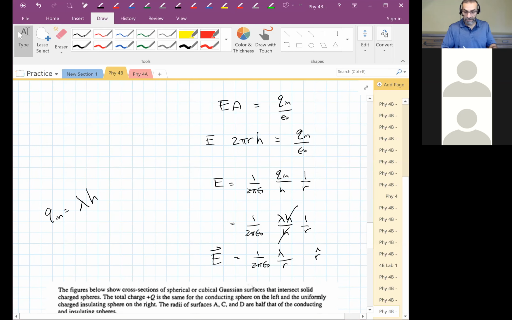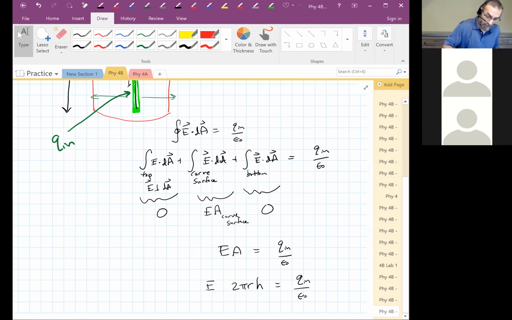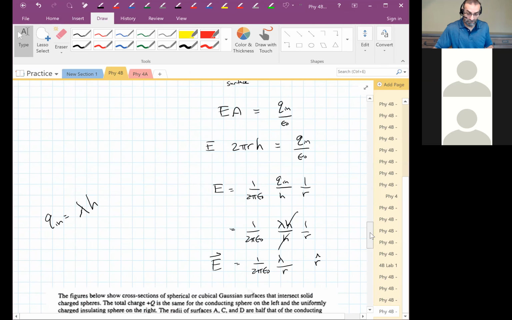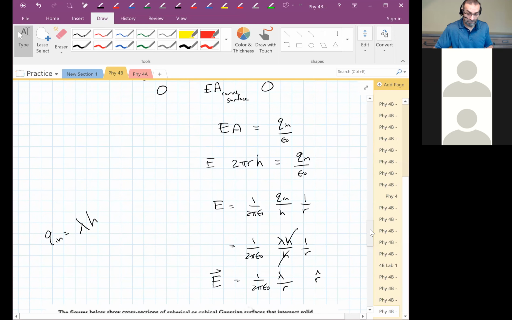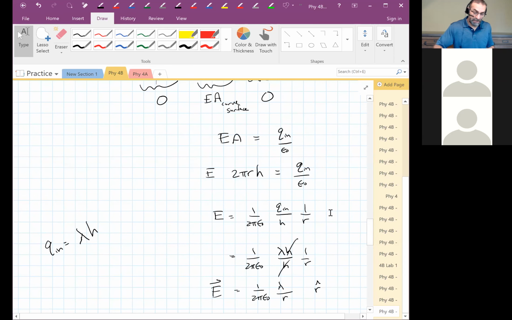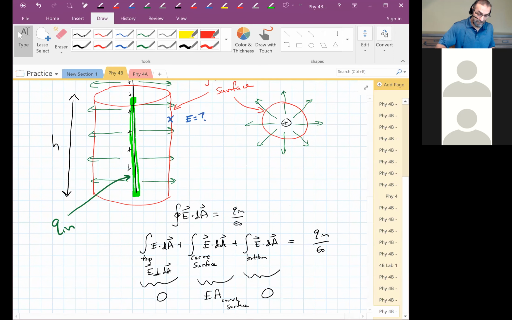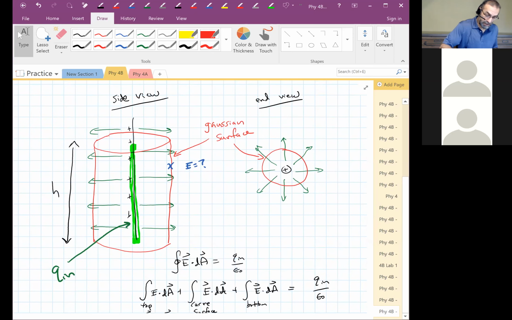And we could make it a vector quantity. It's radially outward if it's positively charged. No, the vectors are perpendicular.